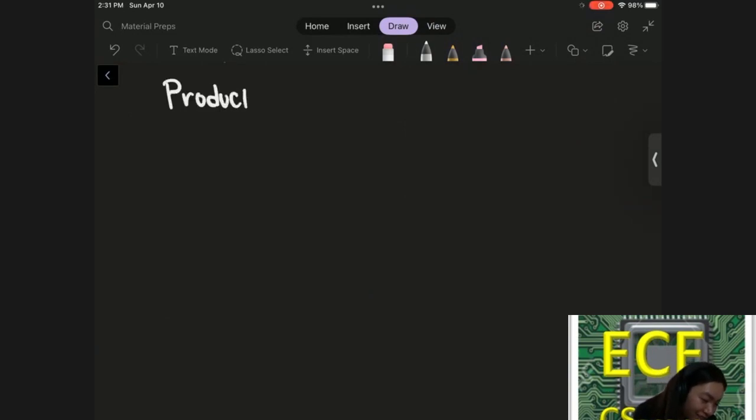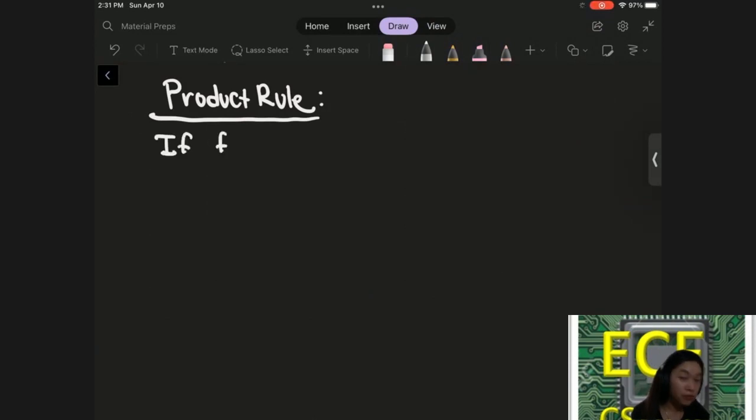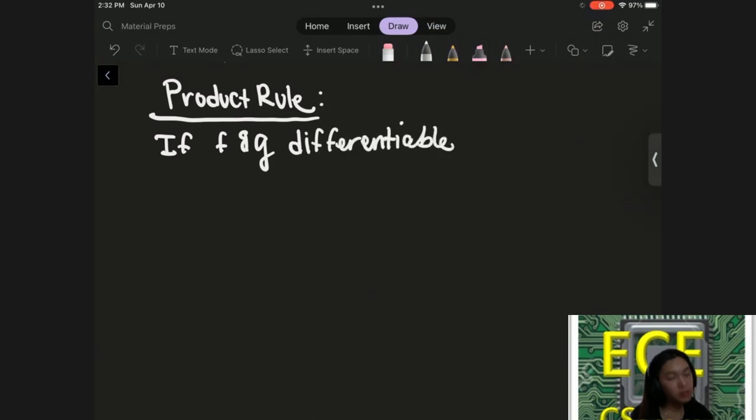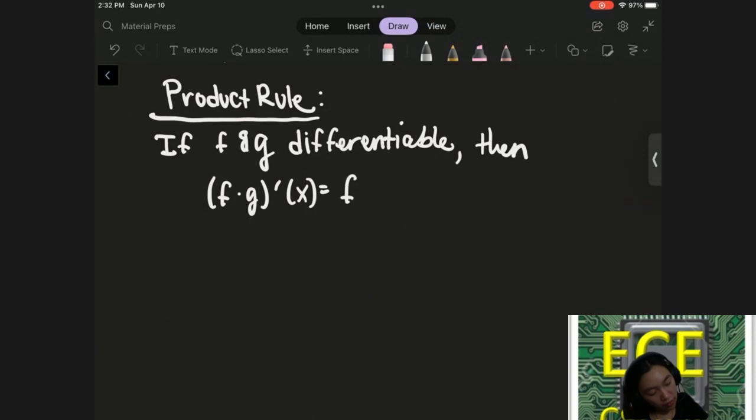So the product rule states if you have two functions, f and g, and they're differentiable, which means they have a derivative, then the derivative of f times g would equal f of x times the derivative of g of x plus the derivative of f of x times g of x.